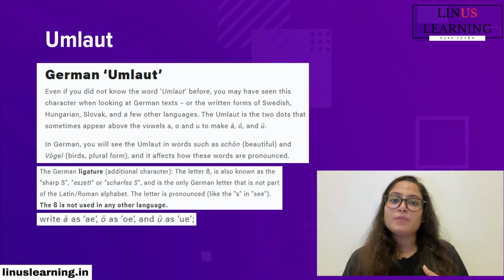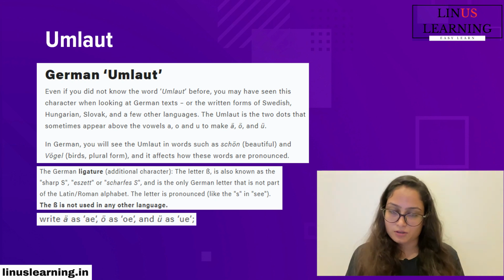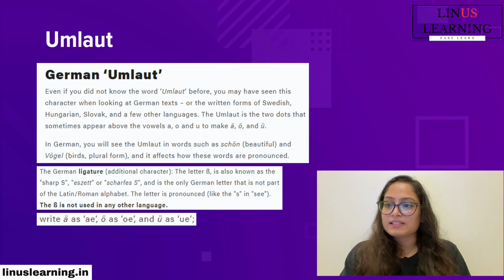Similarly, if I have I and E together, I'm talking about the English I and E, then I will pronounce the English E. For example, let's see this. This is Eis, E-I-S. So I need to pronounce the second, I. So it will be ice.